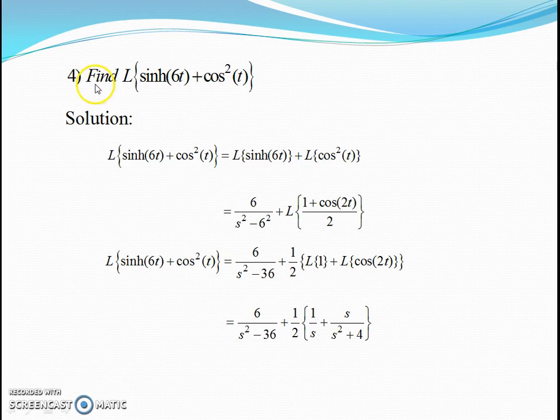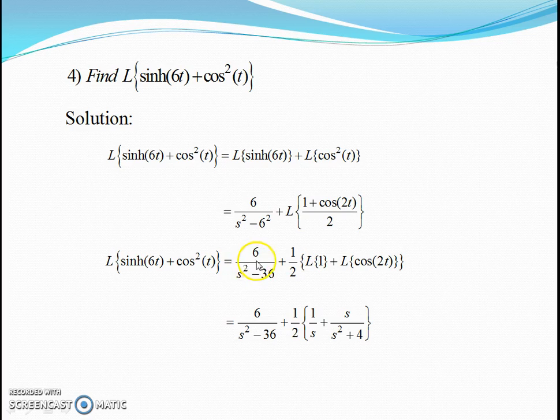Now example 4. Find the Laplace of hyperbolic sin 6t plus cos square t. Separate the L operator for each term. The Laplace of hyperbolic sin 6t is 6 upon s square minus 6 square from the table, plus the Laplace of cos square t. First simplify cos square t: cos square t equals 1 plus cos 2t upon 2. Separate the L operator.